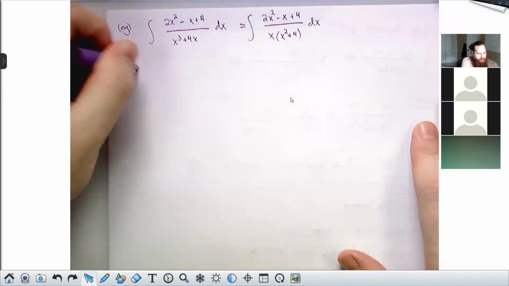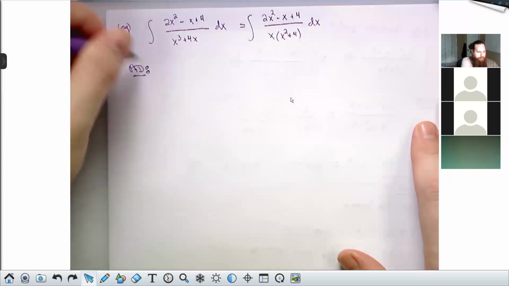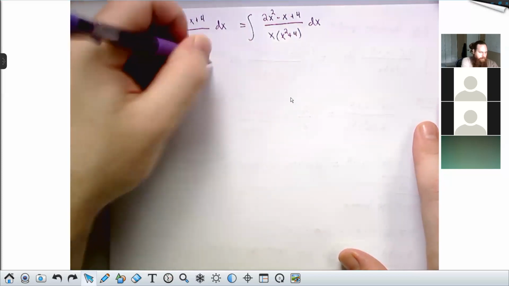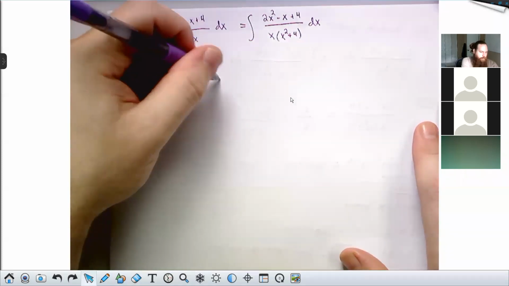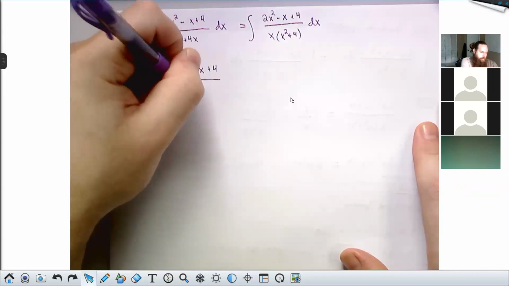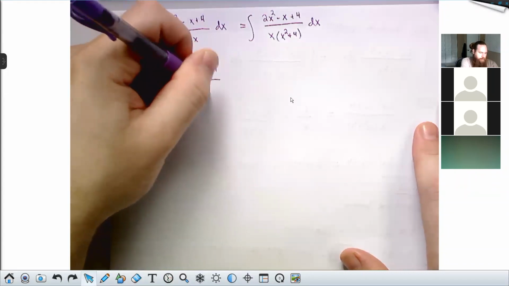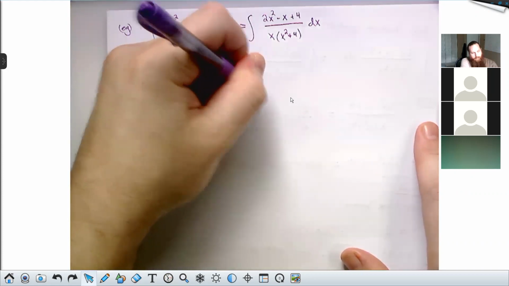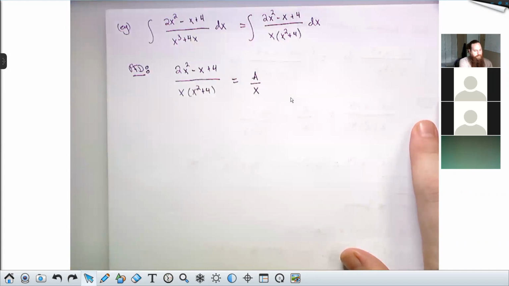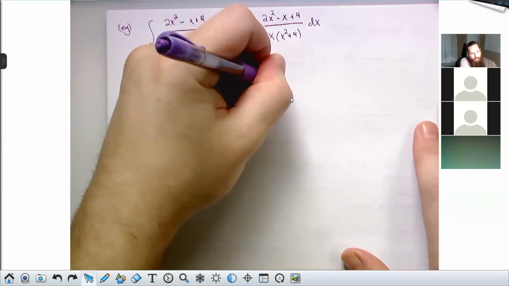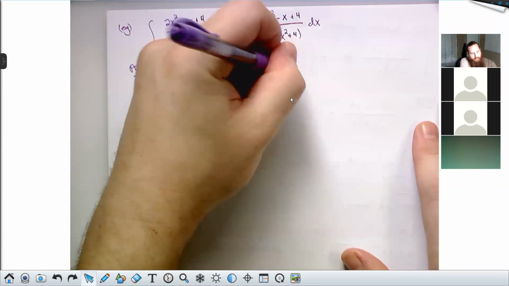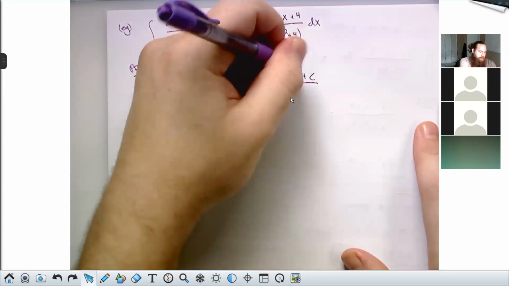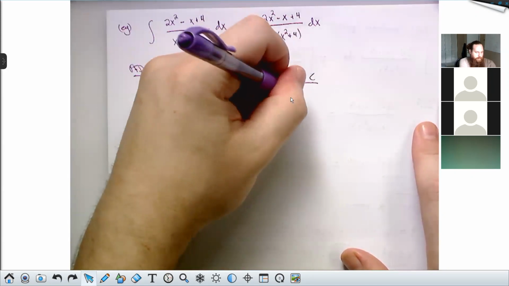So my PFD setup here will be 2x squared minus x plus 4 over x times x squared plus 4 equals A over x, the one term coming from the simple non-repeated linear factor, plus, remember what your PFD Bible says, if you have an irreducible quadratic factor, it gets a linear numerator.